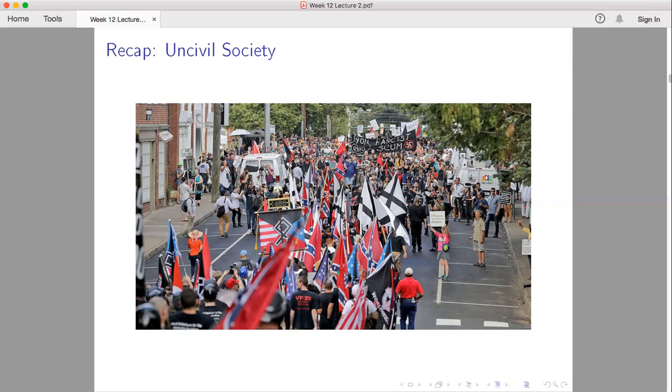The types of groups that Putnam is talking about are groups with liberal political values: bowling leagues, soccer teams, women's groups, things that we think have positive value orientation. But again, civil society groups are just associations that are organized, not involved in the state, and are kind of outside of this triangle that we saw of the family, the market, and the state.